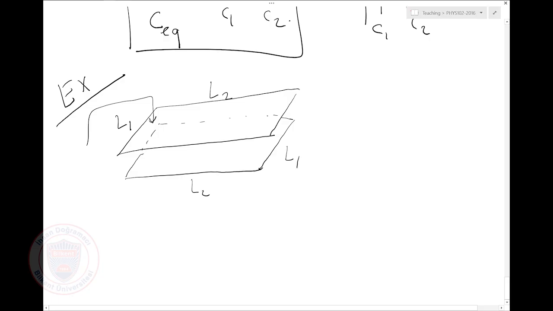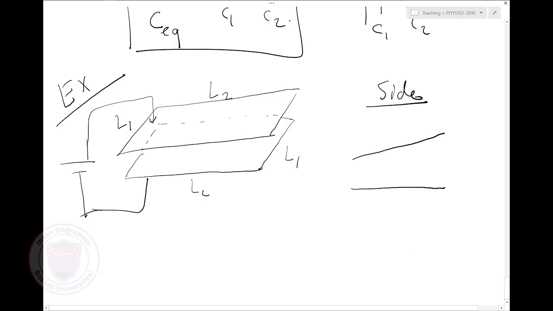However, it's not quite aligned. Okay, so if I look at the system from the side, it's really not quite aligned, and I'll say the distance here is D1 and the distance here is D2. Okay.